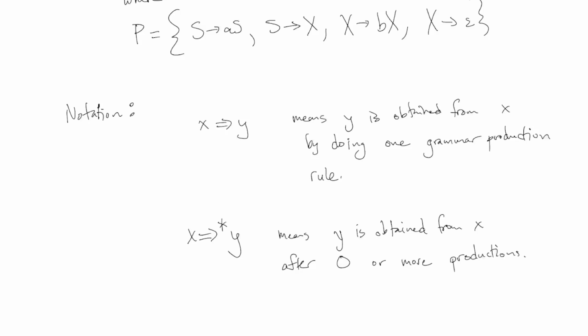So that's what the big arrow with the star means. You can do perhaps many steps, but eventually you can get from X to Y. Or maybe 0 steps. That is allowable. All right?